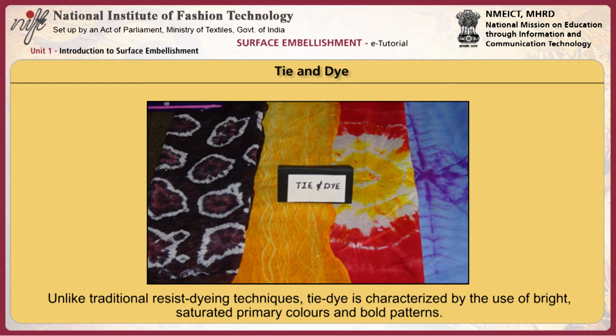These patterns include the spiral, mandala and peace sign, and the use of multiple bold colors have become clichéd since the peak popularity of tie-dye in the 1960s and 1970s.